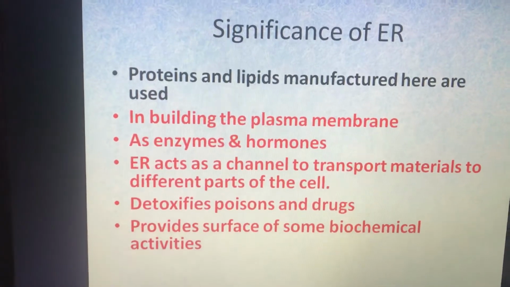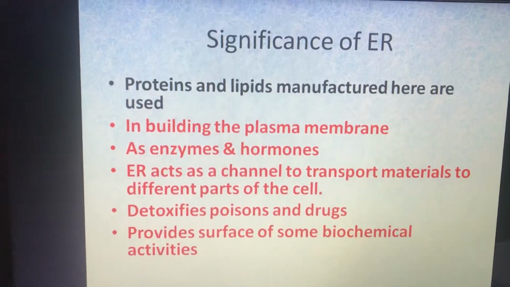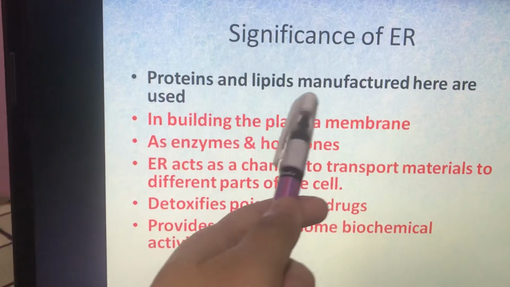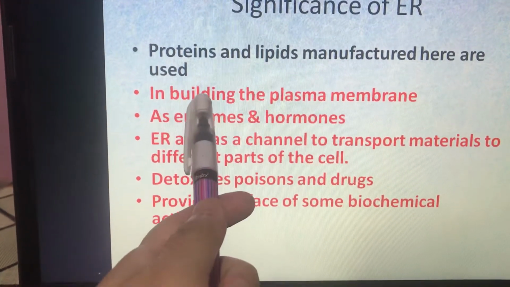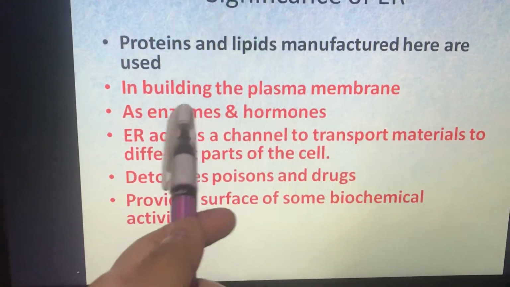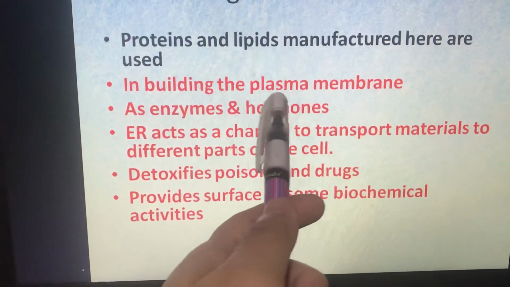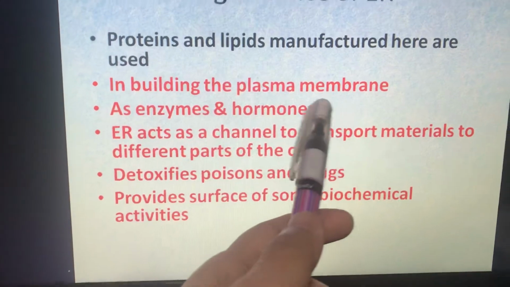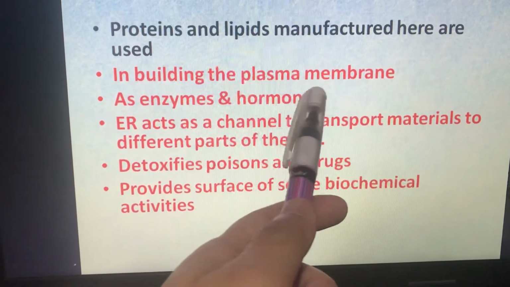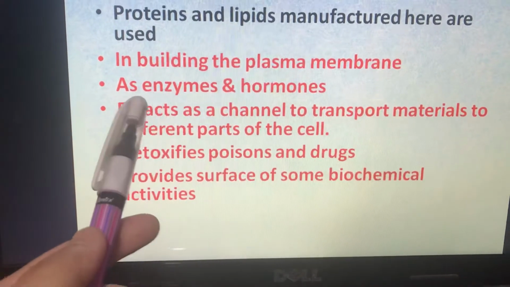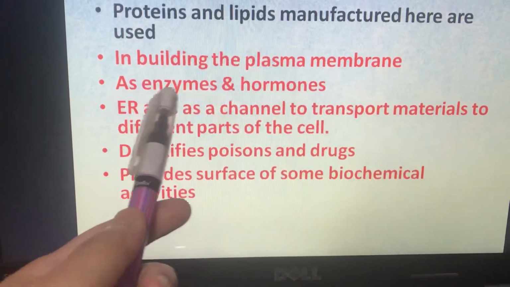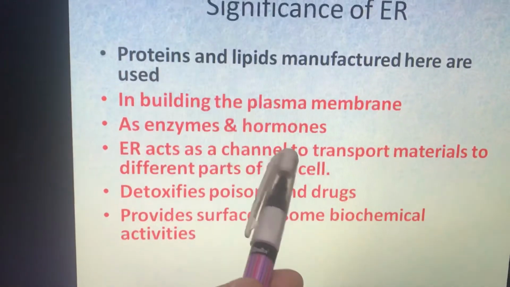Significance of this ER, what is their function? Now proteins and lipids manufactured here are very important, and they are involved in different activities of the cell. In building the plasma membrane, the process is known as membrane biogenesis, or they are also used as enzymes and hormones.